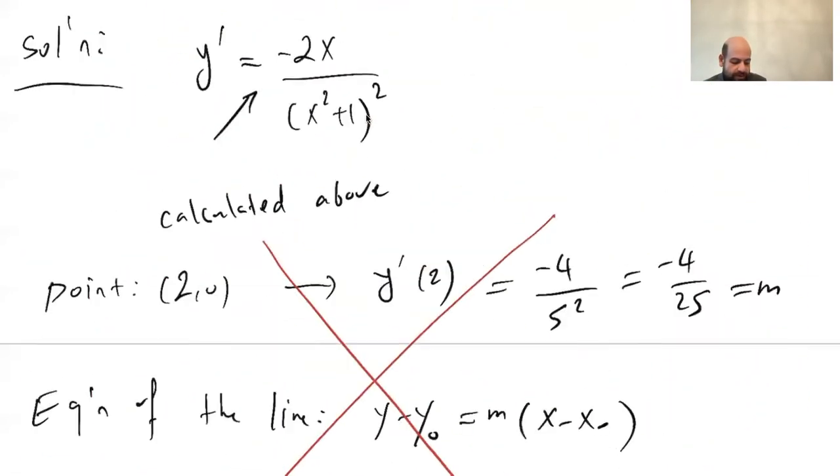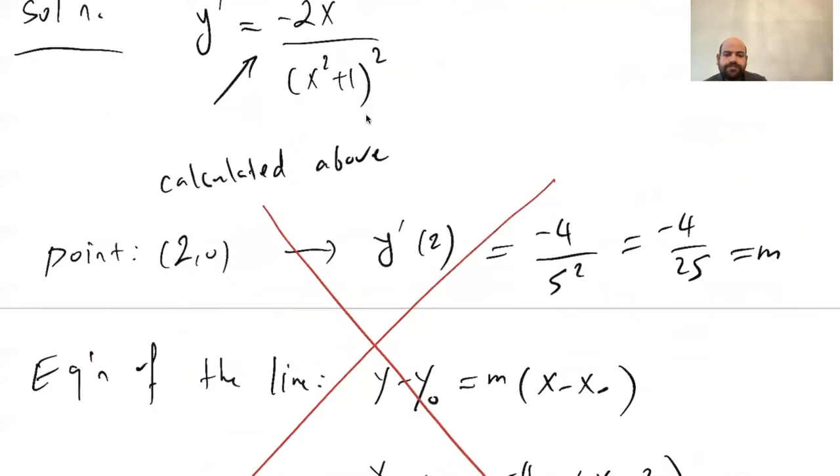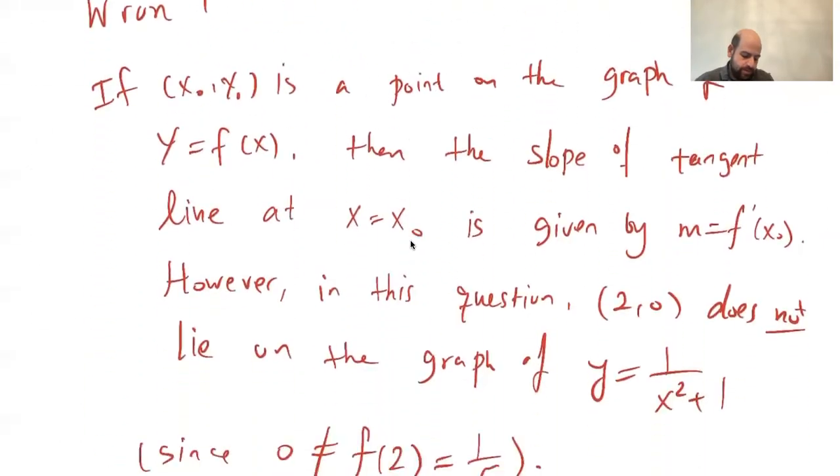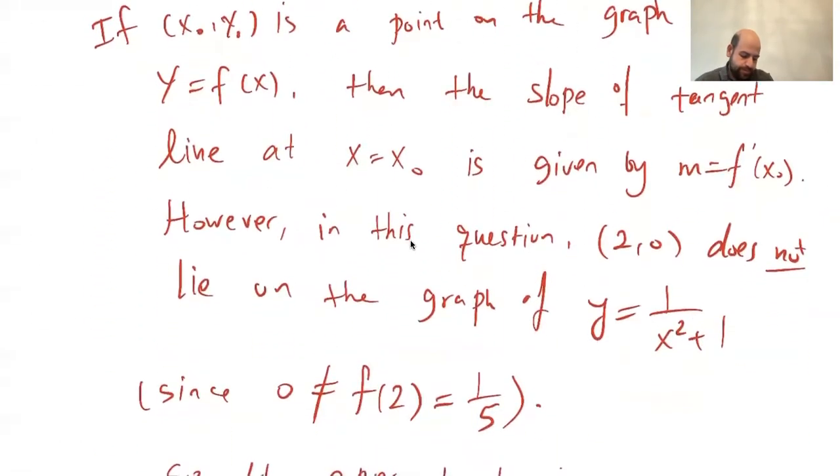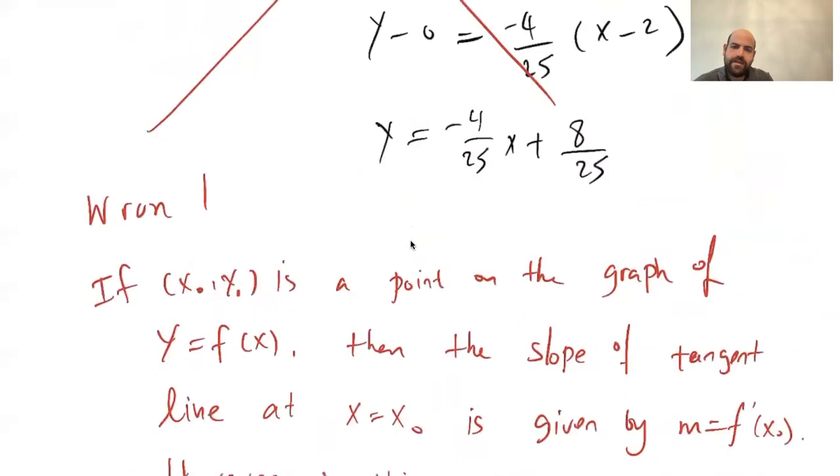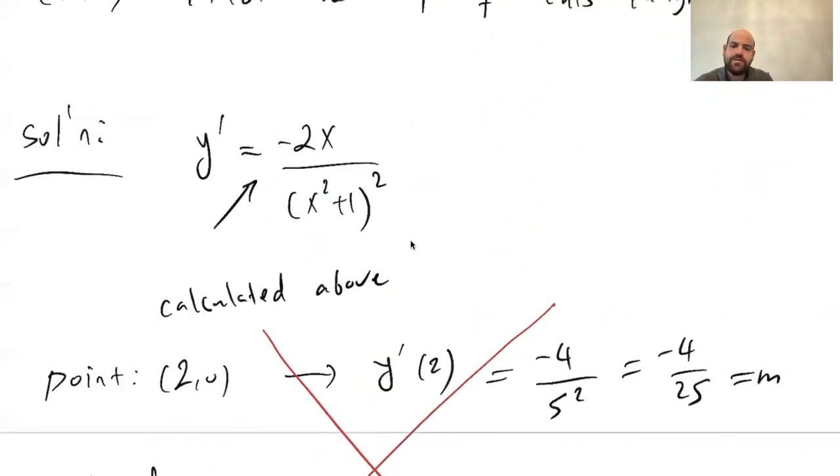See, why was this approach wrong? Because to find the slope, we replaced x with 2 to find the slope of the tangent line. We said this is wrong because it's not tangent at x equals 2. It's not tangent to the graph at x equals 2 because (2, 0) is not on the graph.